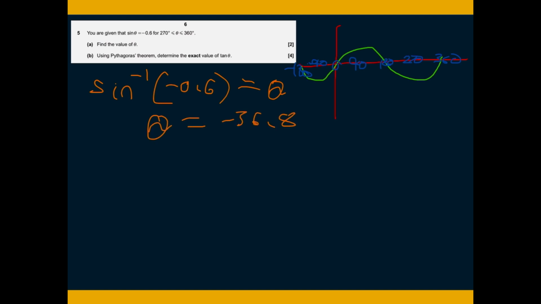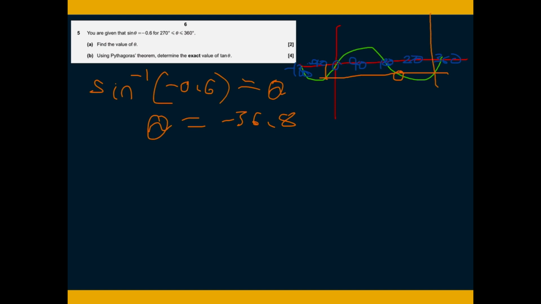However, we want it within the range, so if we use the graph I drew here on the right, we can draw along where −36.8 is. And if we draw a line across, it will show us any values of θ which also give −0.6. Now, this point here is less than 270, whereas we want a point between 270 and 360, and this point satisfies that.